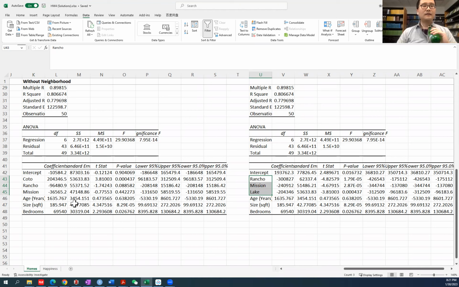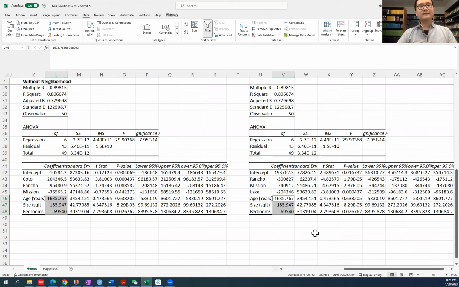All right, does it matter to other predictors? Let's compare. In terms of the impact of the house age, house square footage, and number of bedrooms, you notice that these two models are exactly the same in terms of the magnitude and sign of the coefficients for the other continuous predictors that are not about the city of a house.